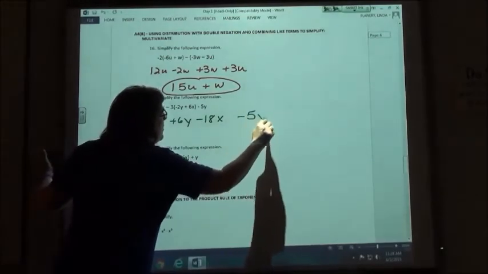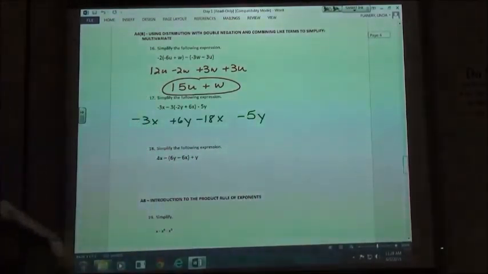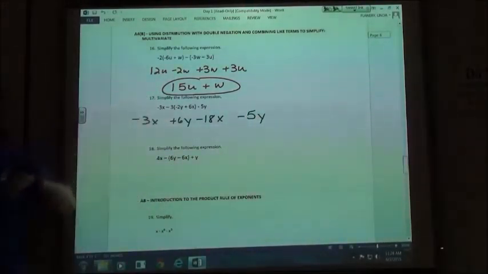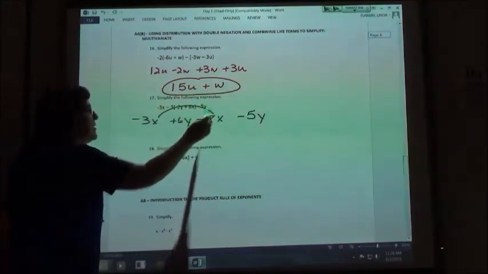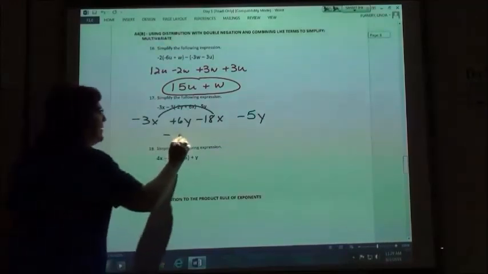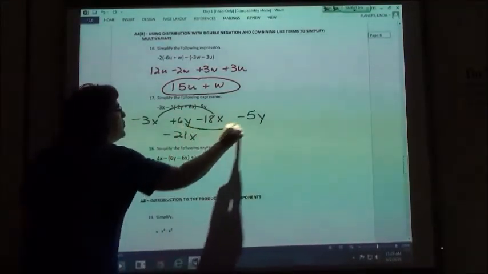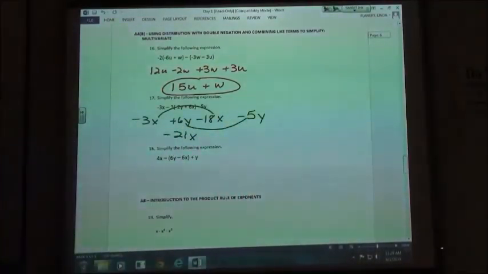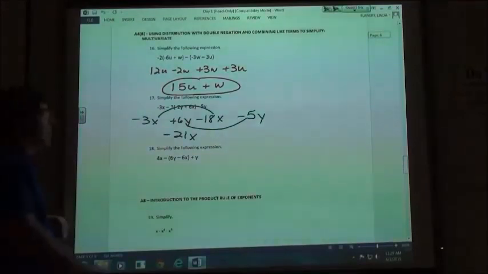And then we bring down the minus 5y in the middle. Here we put the plus sign in front because there was something in front of that, and it's not the leading term, so I put my plus sign there. Now if I combine my like terms, negative 3x minus 18x would be negative 21x, and my 6y minus my 5y would give me positive y.